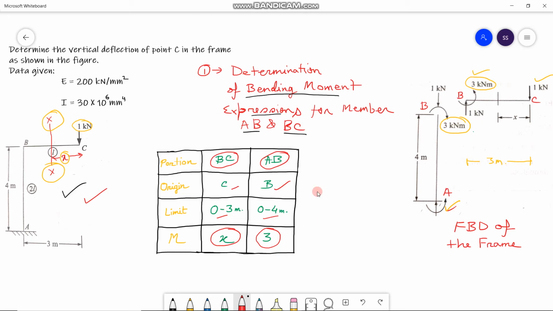The values that we have mentioned in this calculation table will be used to calculate the total strain energy. That means strain energy U equals integration 0 to L, M square by 2EI dx.